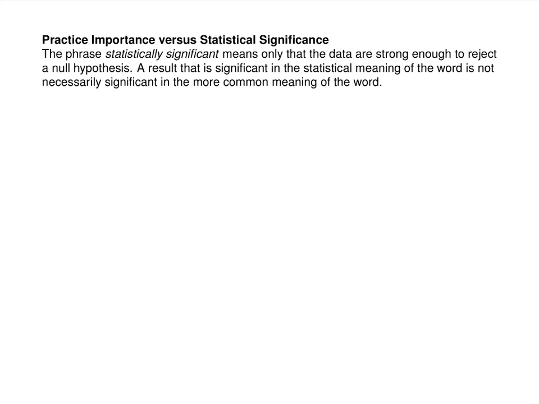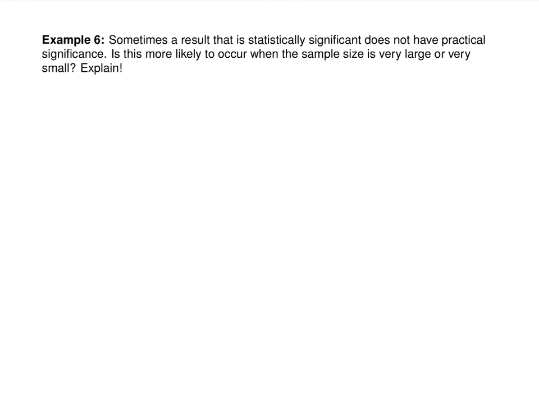And the final thing we'll discuss is practical importance versus statistical significance. So that phrase, statistically significant, just means that the data are strong enough to reject the null hypothesis. A result that is statistically significant in the statistical sense does not really mean that it is significant in the real world. So sometimes a result that is statistically significant does not have very practical significance.